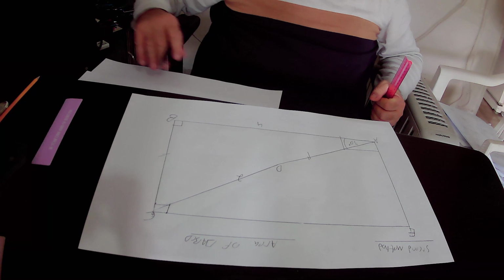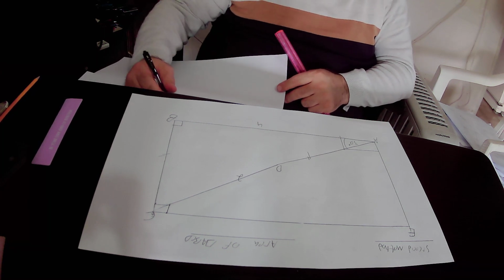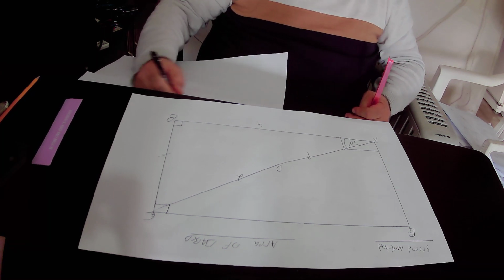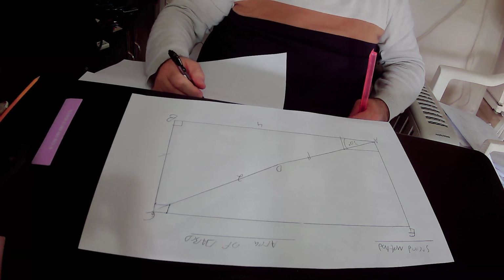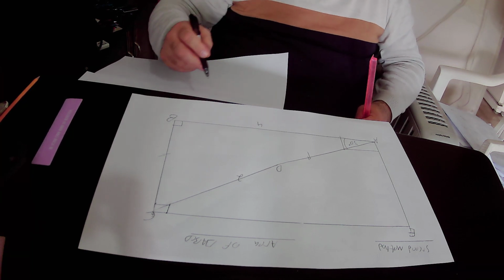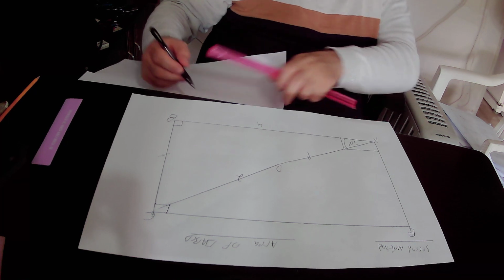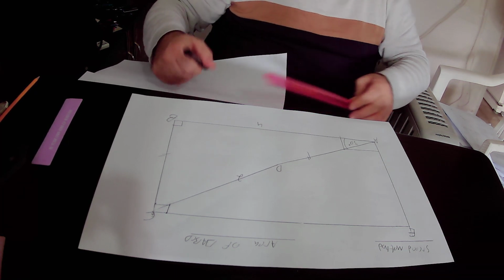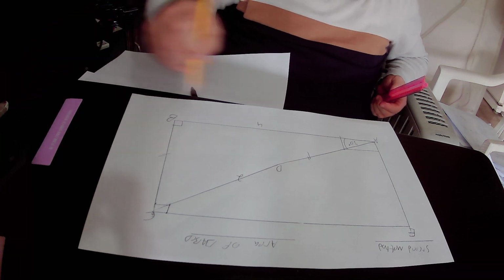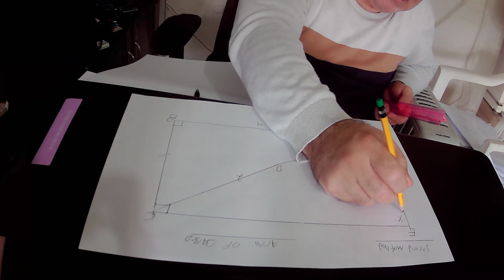In quadrilateral ABCE, we have three right angles. We define the size of this angle as angle x.